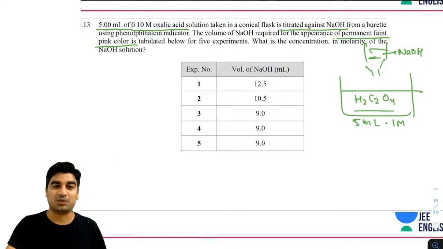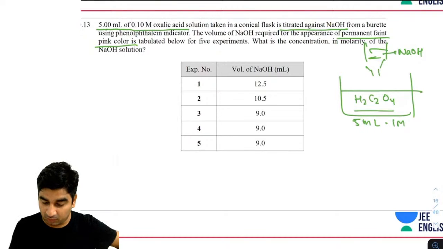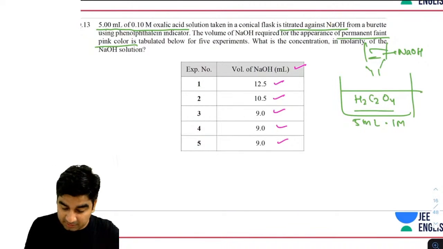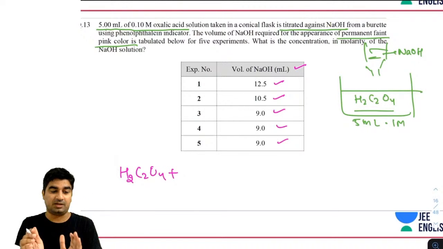So guys, how will you do it? Can anybody tell me in this case? So here it shows the volume of NaOH: 12.5, 10.5, 9, 9 and 9. So when the reaction takes place, H2C2O4, it will be an acid-base reaction.